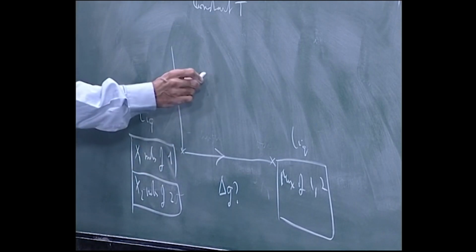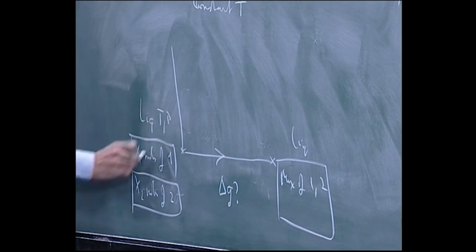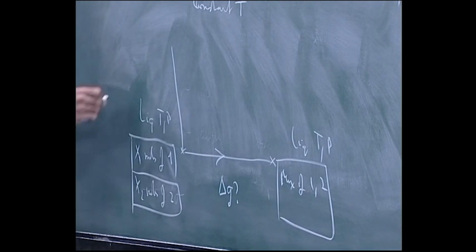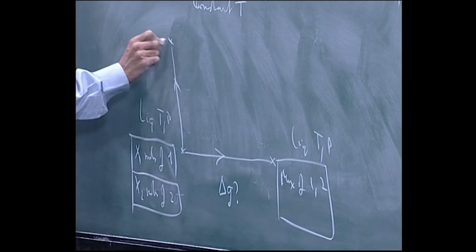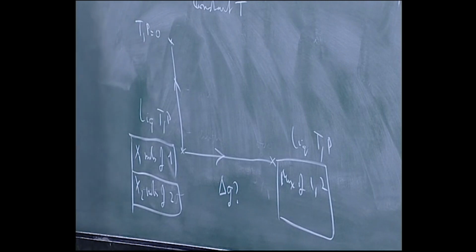What he said was, this is at temperature T and pressure P, this is also at the same temperature and pressure. He said he will go here to T comma P is equal to 0. This is a thought experiment. So you just imagine that you evaporate completely 1 and 2, go to P is equal to 0, you have to be below the critical temperature.